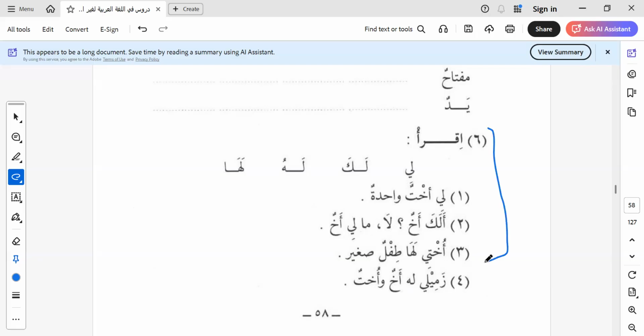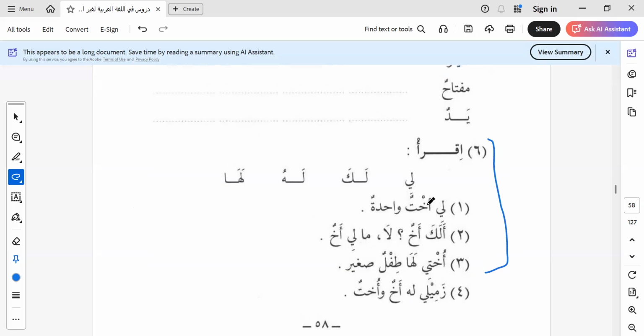Now you are told to read Iqra. Now we have li, laka, lahu, laha. This lam, they're teaching a new concept. We are going to learn it anyways when we get to the حروف الجر, but let's learn it here as well.